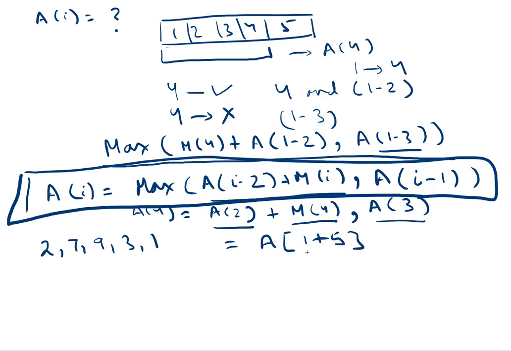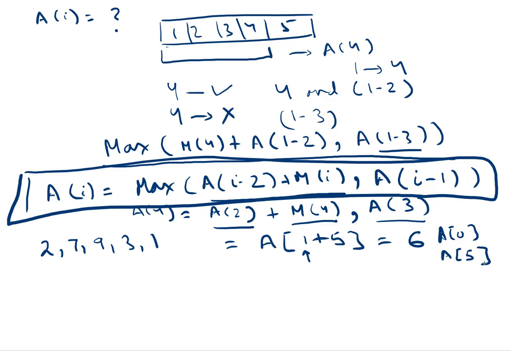So 1 is to store the 0th case where you are not stealing any house, and then you have other elements to store the value for the rest 5 houses. So in this case the size of your table should be 6. So basically you will have values from a0 to a5.